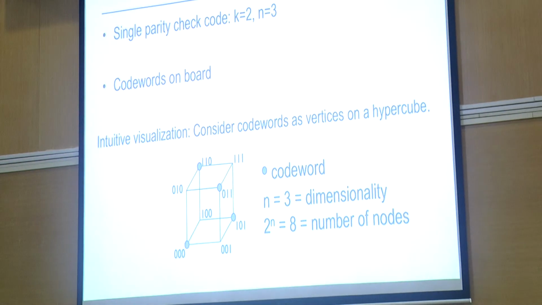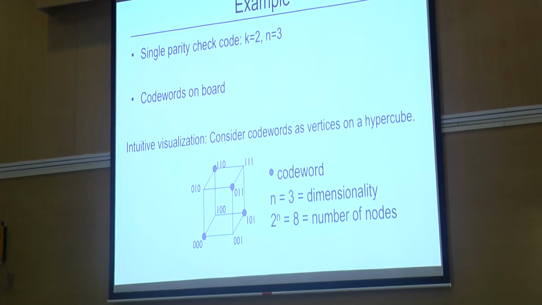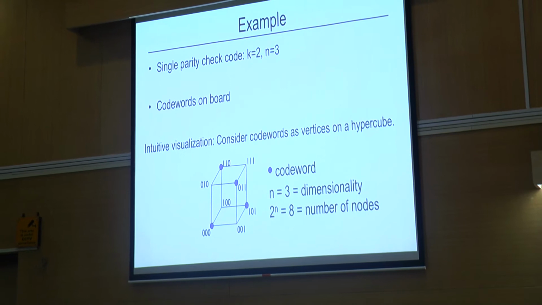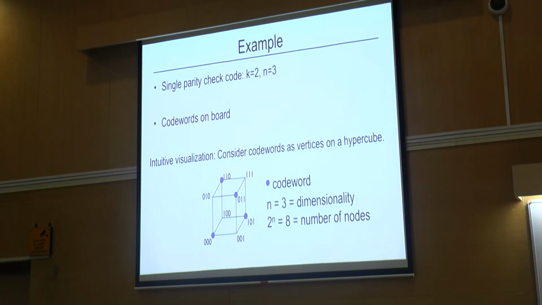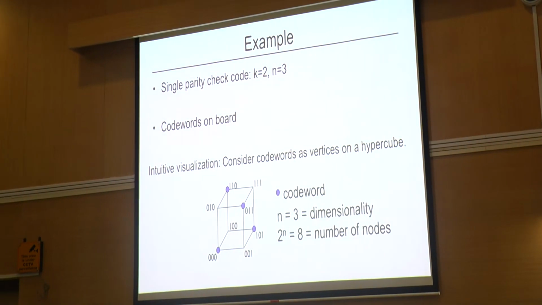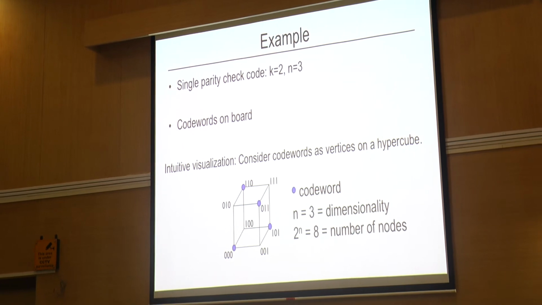Since n is 3, the total number of nodes is 8, but out of that we are choosing only 4 of them. The remaining 4 are not used as code words. If you think about it, if we use all the nodes as code words, then can we get any resilience?